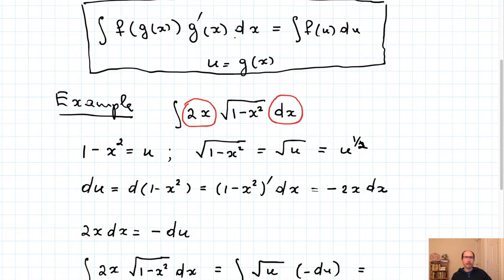So one part of your integral can be expressed in terms of some function of x, and the other part of this integral has something to do with the derivative of that function. These are the circumstances in which you can successfully make a substitution.